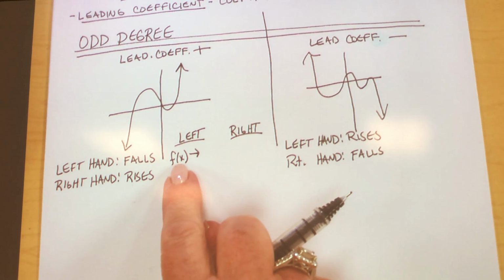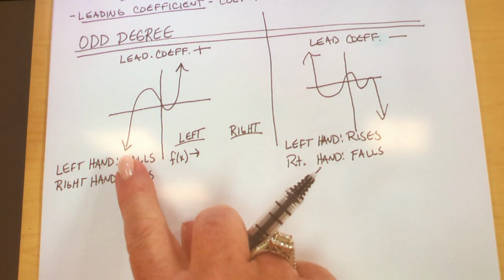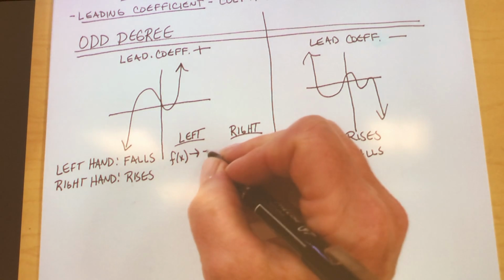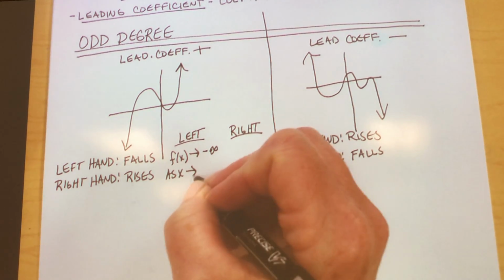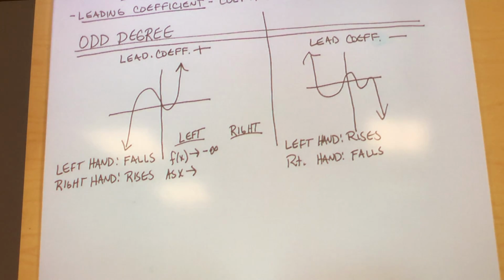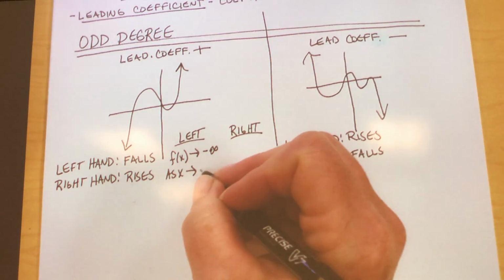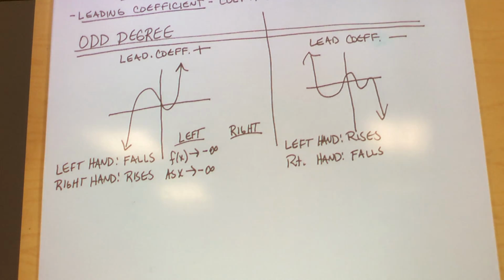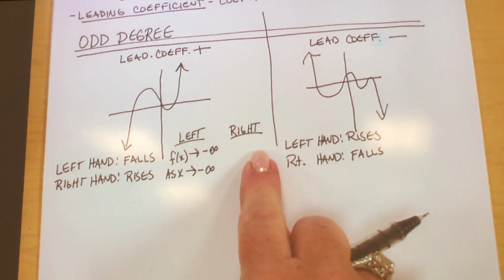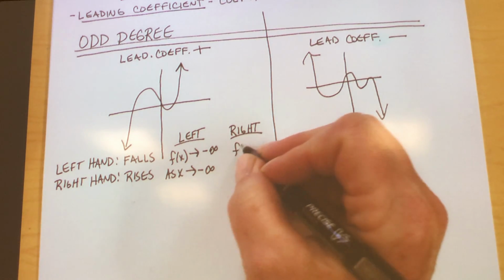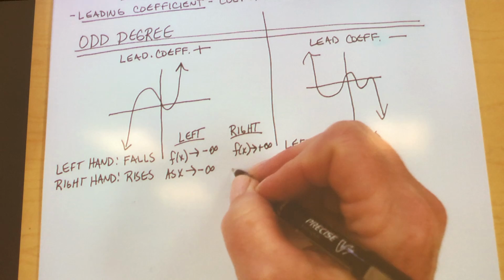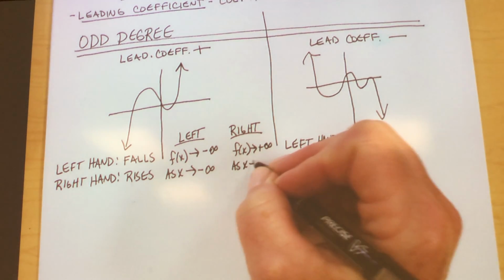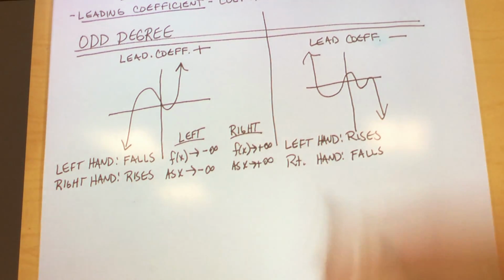What is the y approaching on the left side of this graph? Negative infinity. As x approaches, what does the x have to approach if you're talking about the left-hand side? Negative infinity. Okay? Looking at the right-hand side, what does f of x approach? As x approaches, very good.